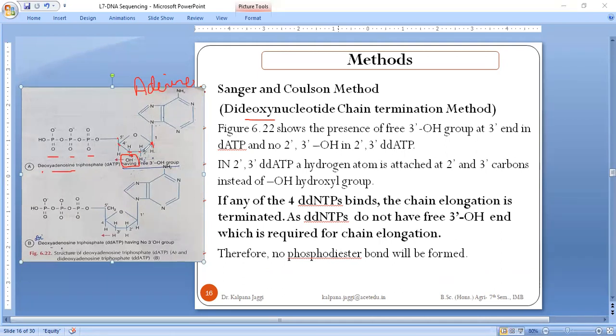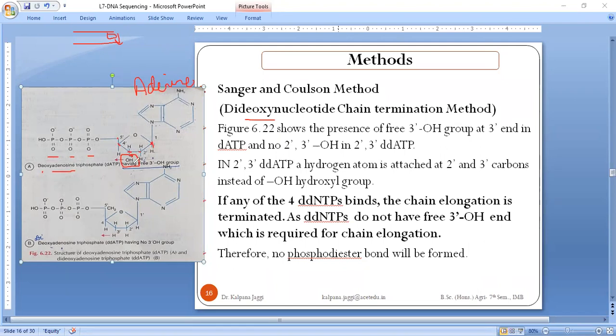Because if you remember, while I was discussing the polymerase chain reaction, I was showing you the formation of the second strand from one strand. Then if you remember, I told you the primer used to attach at the 3' hydroxyl group. Now you could understand what that 3' hydroxyl group is.